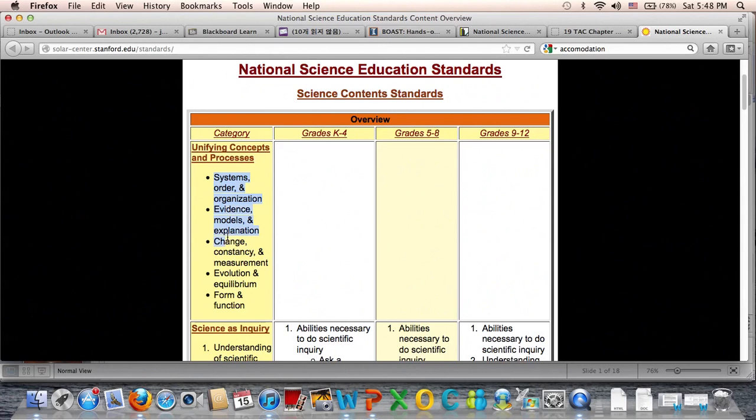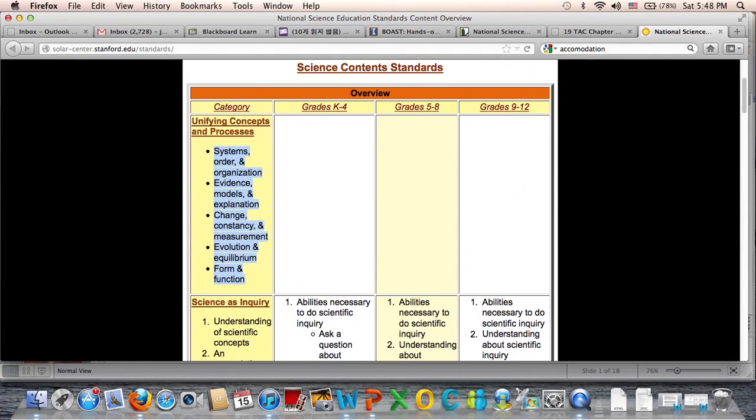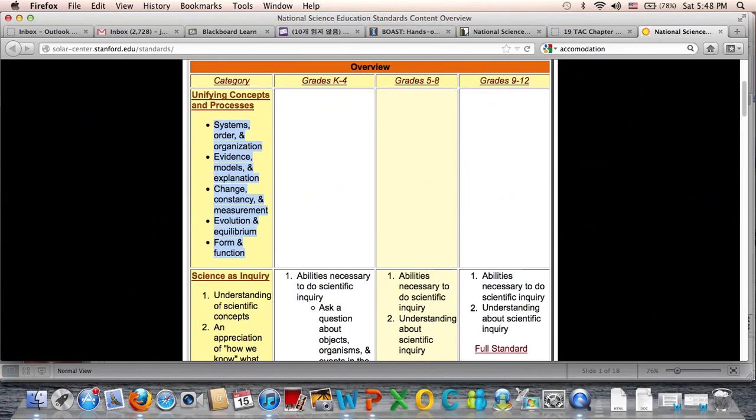So these basic concepts you need to teach, but it's not required. Of course, these need to be part of your lesson. When you teach a lesson, you need to include all these.